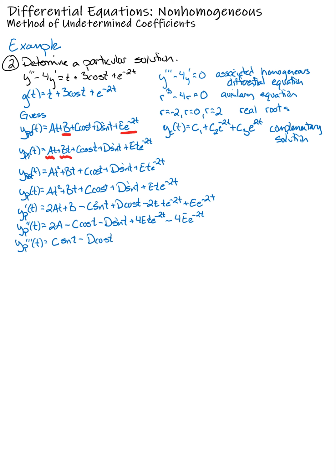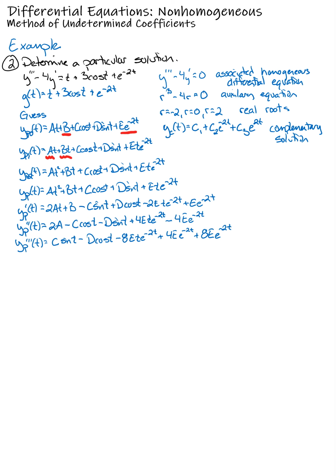Using that product rule yet again gives us negative 8et e to the negative 2t plus 4e e to the negative 2t, plus, for the last term, plus 8e e to the negative 2t.